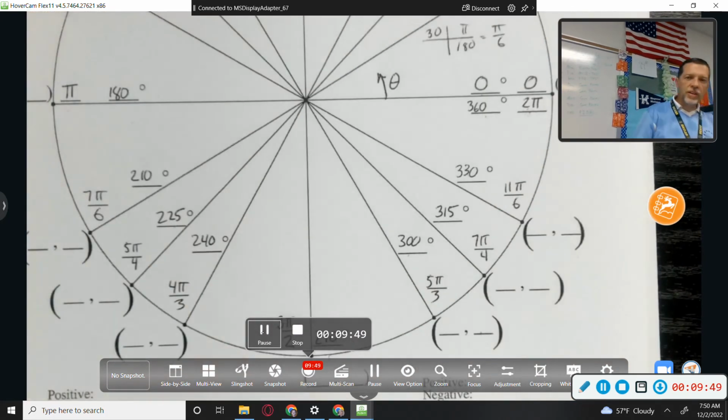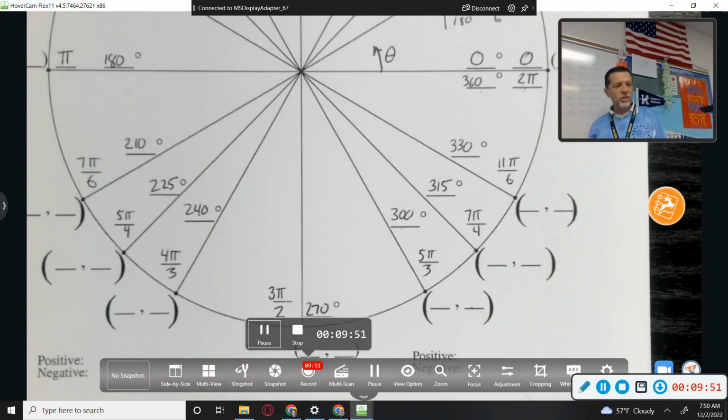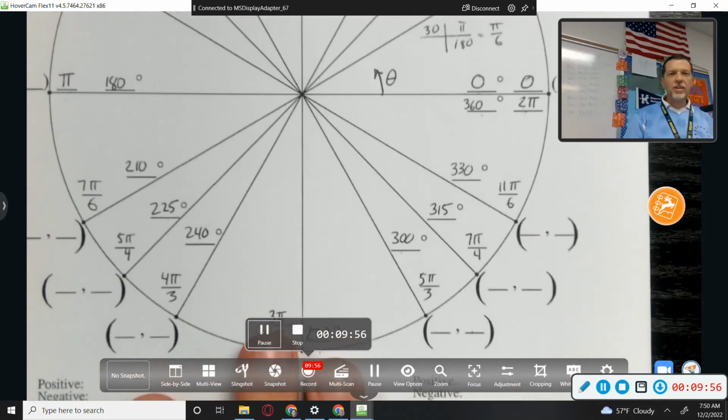So now we've got the angles labeled all the way around in radians and degrees.